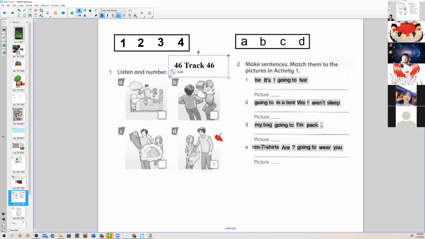Silly me. Number 3. Are you going to wear 10 t-shirts? No. Number 4. And what's this? It's my tent. We aren't going to sleep in a tent. We're going to sleep in a hotel. Oh.